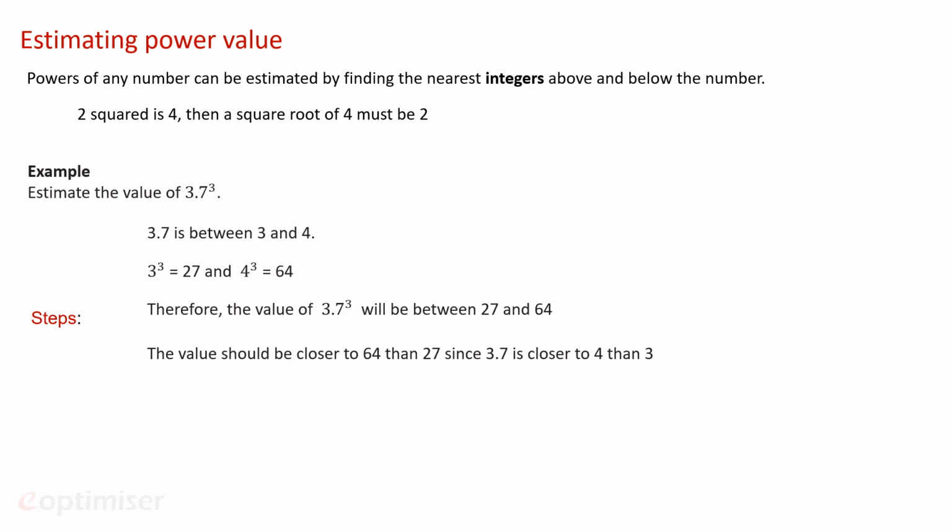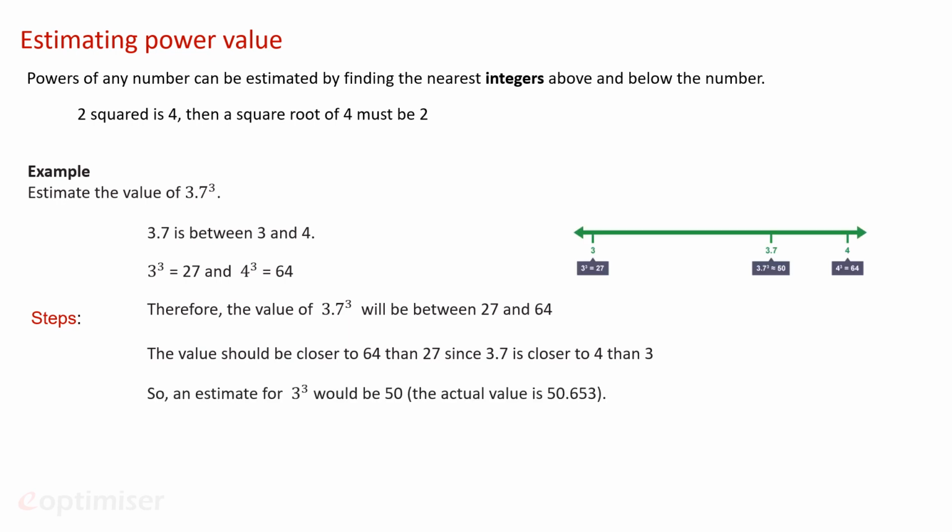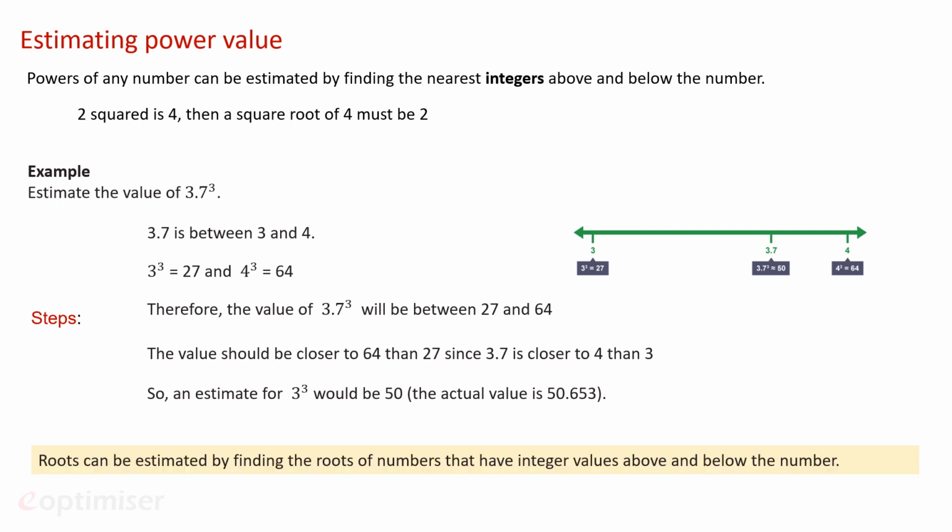Therefore 3.7 cubed is somewhere around 50. You can give the whole number as an estimated value. It can't be 60 because that would be very near 4. So 50 could be the possible whole number for the estimation.